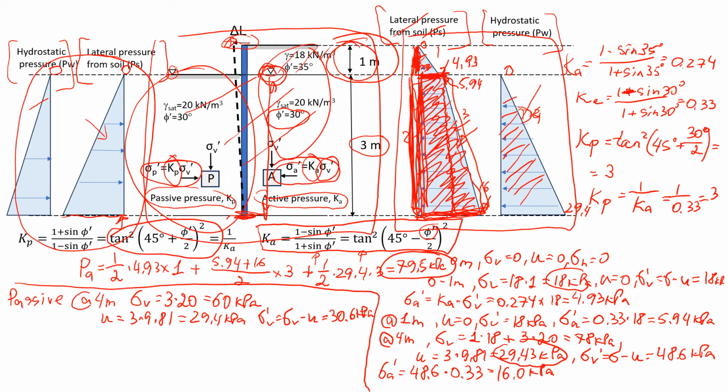Okay, now we're going to estimate this lateral passive pressure. That will be the effective vertical stress, which is 30.6, multiplied by the coefficient of passive pressure, which is 3, times 3.